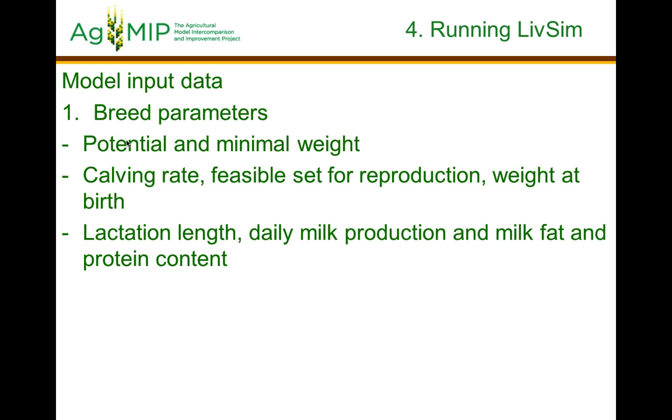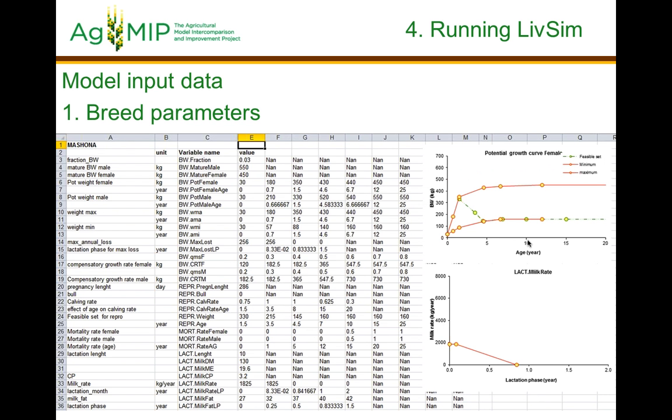Okay. Then a little bit about the input data. First of all, of course, very important are the breed parameters. The most important ones here are about the potential or the maximum and the minimal weight. Parameters around calving rate, feasible set for reproduction, and weight at birth. And then parameters that tell you more about the milk production, so the lactation length, the daily milk production, and then parameters around milk fat and protein content.